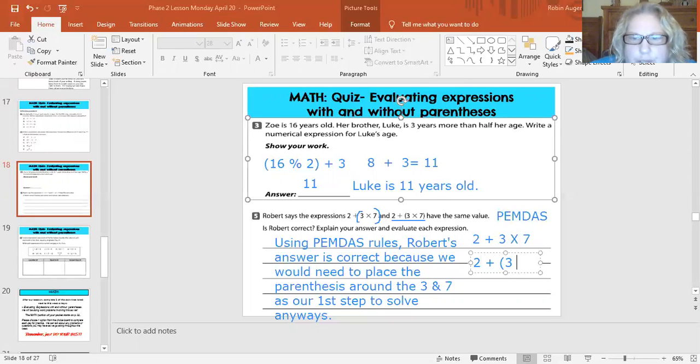Oops, 3 times 7. Close parentheses. Oops, that's too long, too short. Oh, all right. And so now we're going to do parentheses first, and 3 times 7.